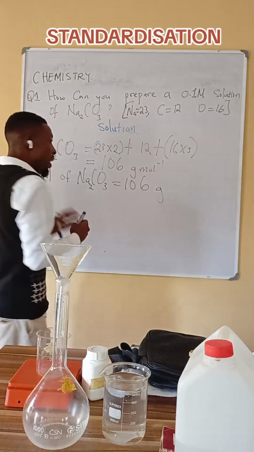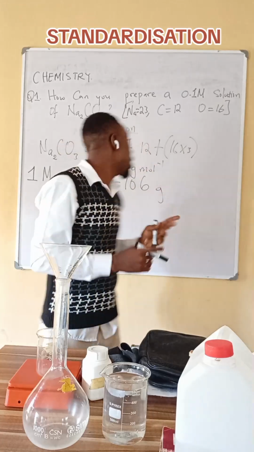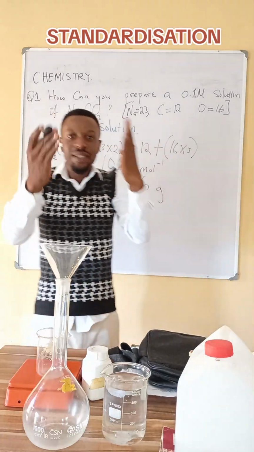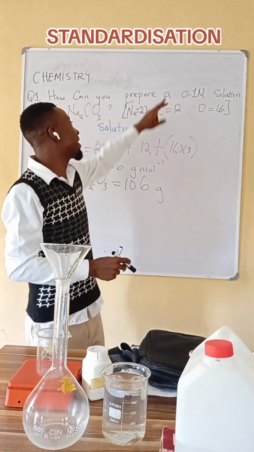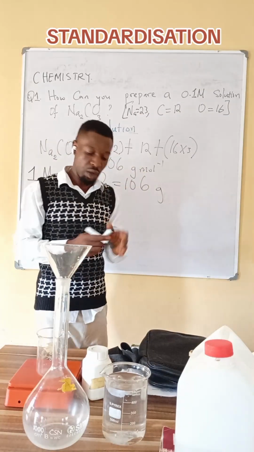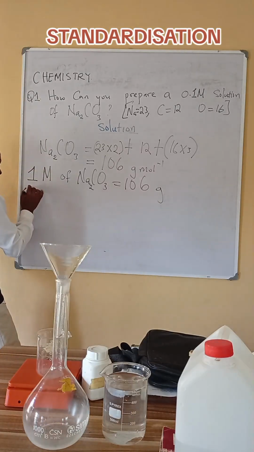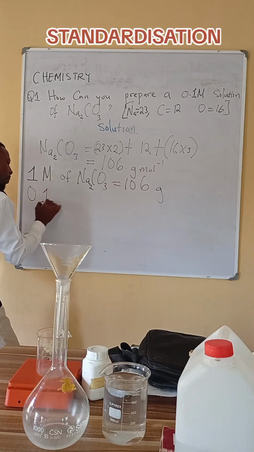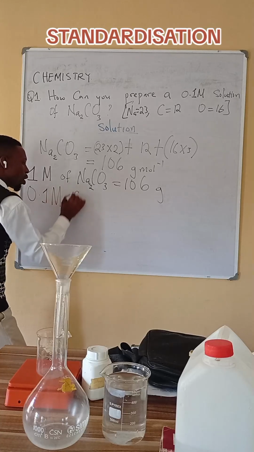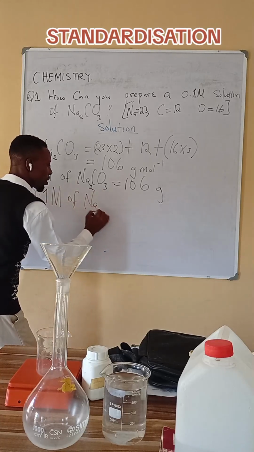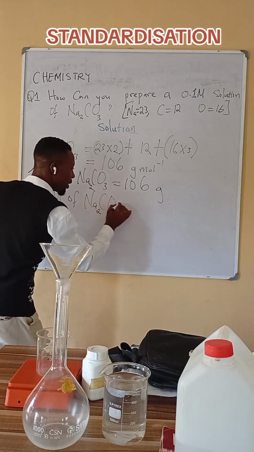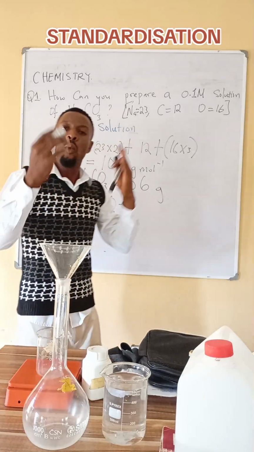Now, however, we are not interested in preparing 1 molar solution. What we are interested in preparing is a 0.1 molar solution. Now, we are going to say that 0.1 molar solution of sodium carbonate will require what mass?